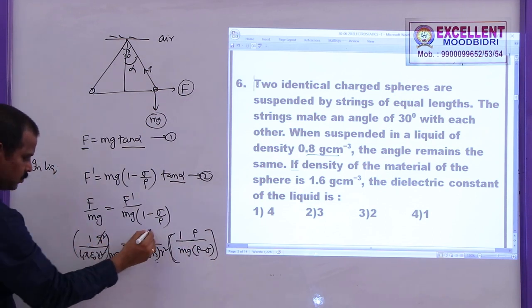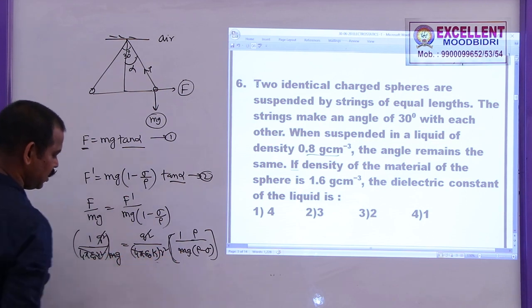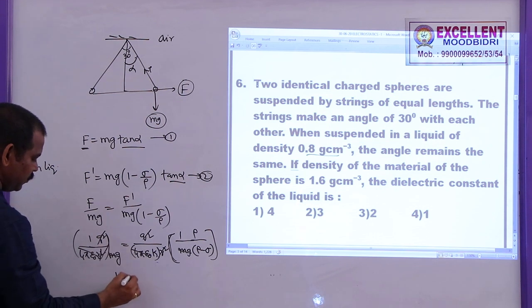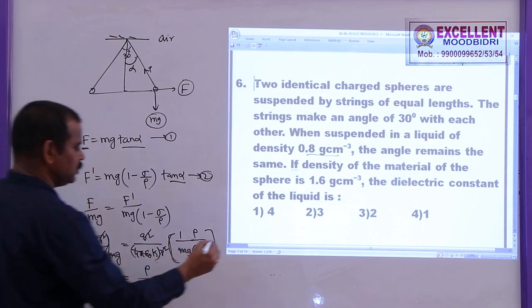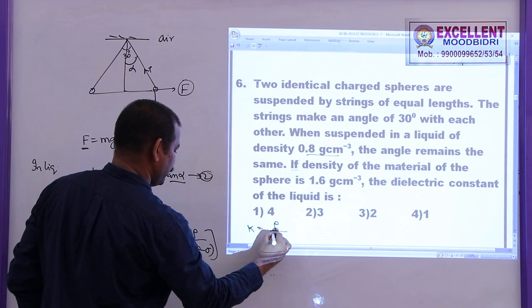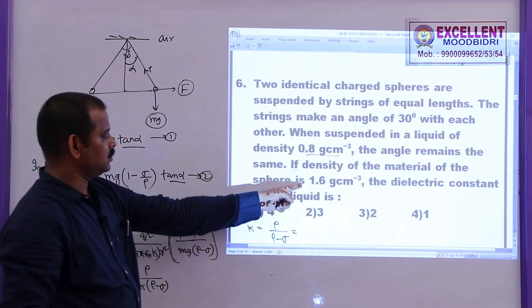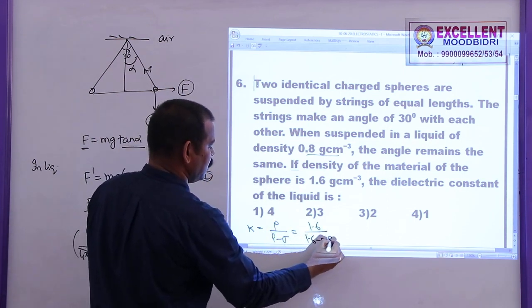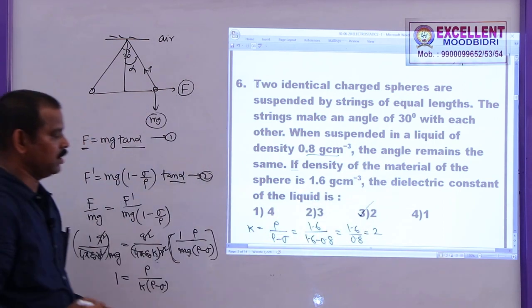Now you can cancel q square and q square, 4 pi epsilon naught and 4 pi epsilon naught, mg and mg, and the r square and r square also get cancelled. So on the left side we are left with 1, and on the right side we have rho by k into rho minus sigma. So k is equal to rho by rho minus sigma. This is the density of the sphere, which is 1.6, minus liquid density 0.8, so 1.6 by 0.8, this is 2. Option 3 is correct.